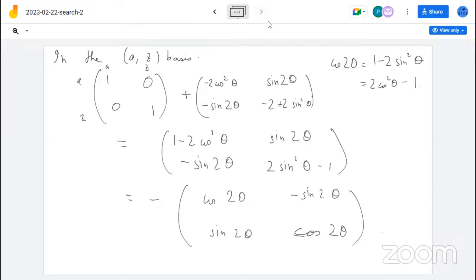The other one, the one I was doing, will actually be a rotation with no phase. This one would rotate and then reflect: rotate by 2 theta and then reflect about the origin. But that reflection you can just ignore.